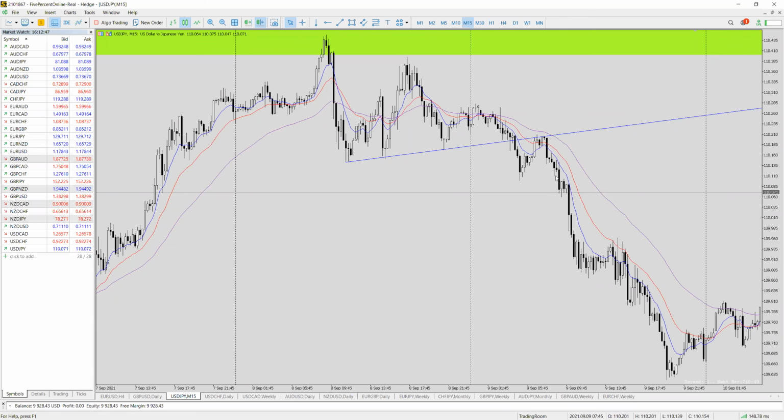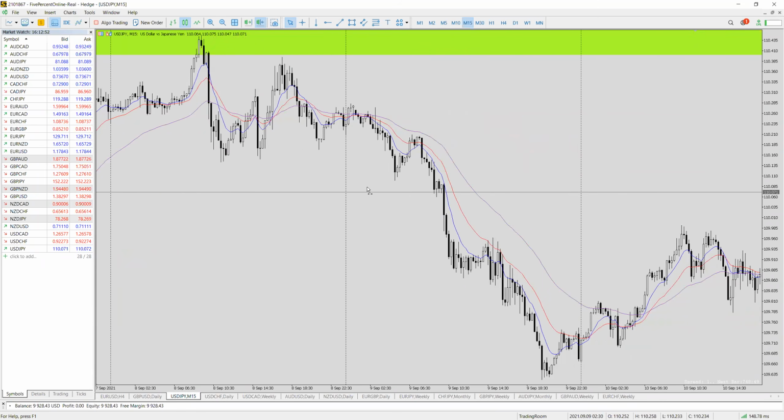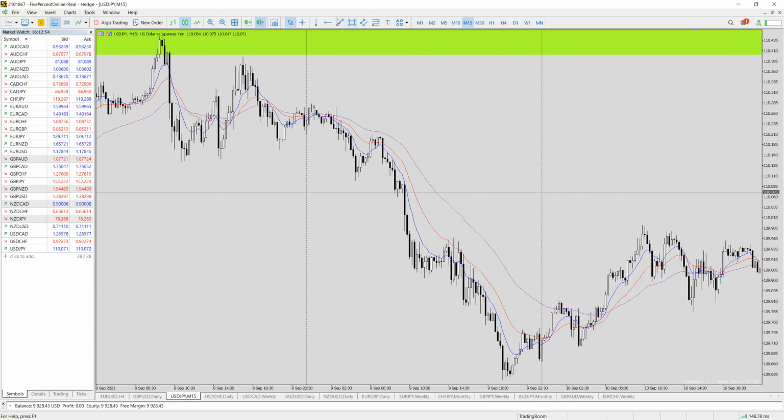That's one option. Another option is to wait for retests around areas of supply and demand. For example, here, sort of like an intermediate supply tested and going down.